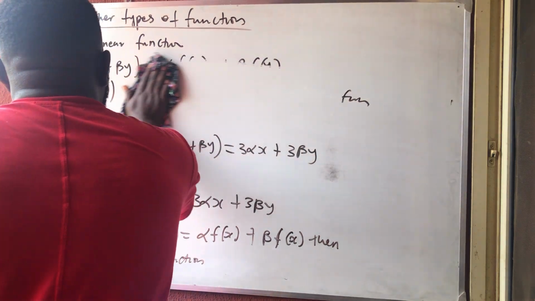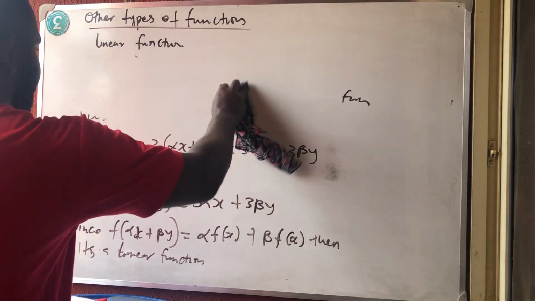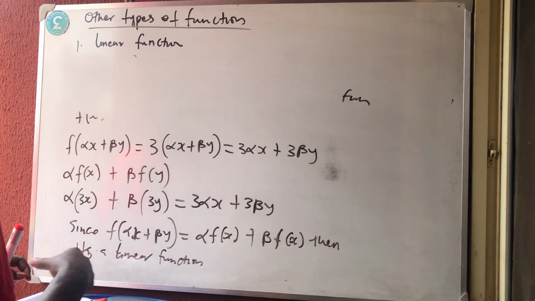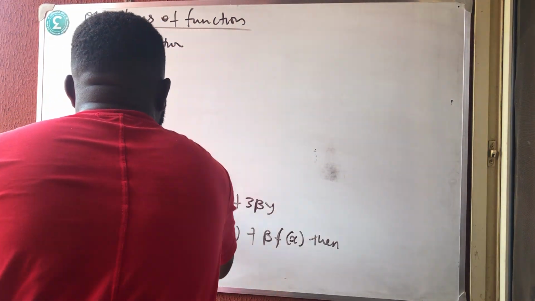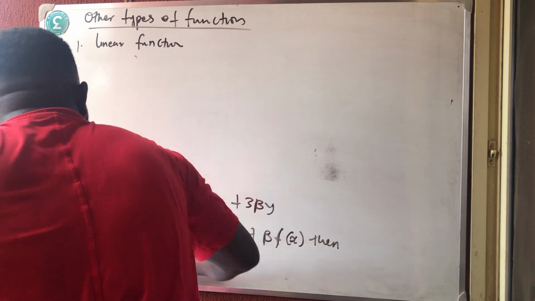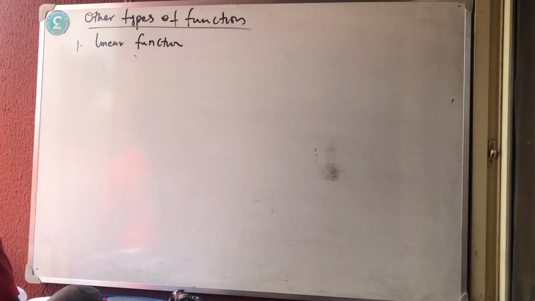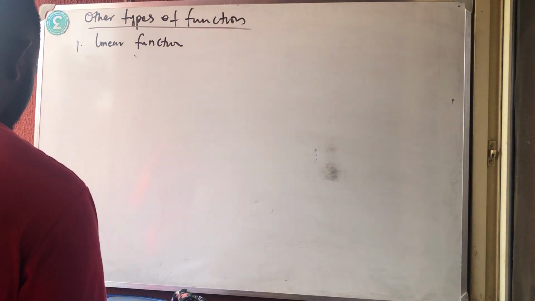So that is number one, linear function. Please note that formula: a linear function says that f of alpha x plus beta y should be equal to, when you separate them, alpha f of x plus beta f of y. Let me give one more example.